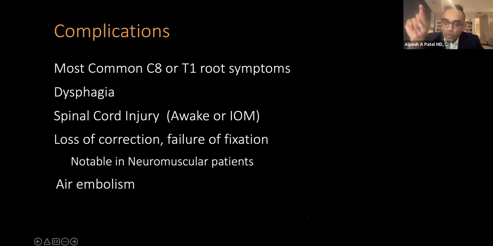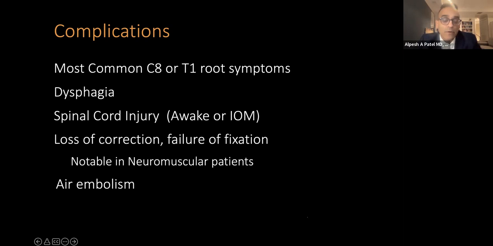A lot of that's just from the work that we're doing when we do our posterior osteotomies and posterior decompressions. Dysphagia is really common, right? We've taken folks who have had their necks stuck in one position for quite a long time, and we've acutely stretched them out. So it's pretty common to have some transient dysphagia. It's usually not permanent, but it certainly can be an issue.